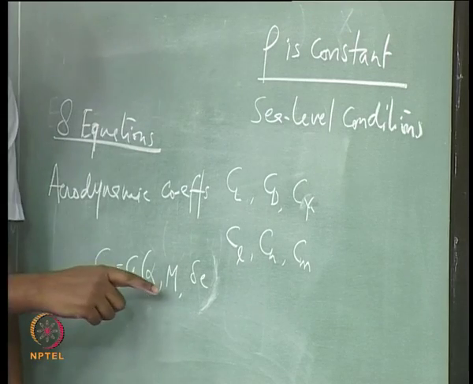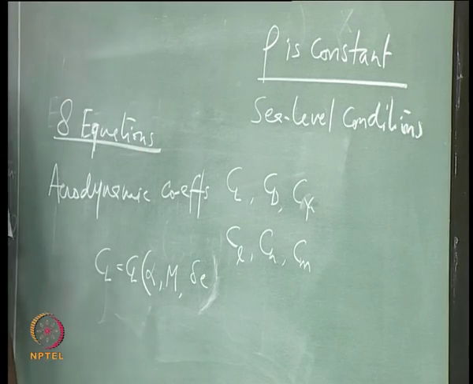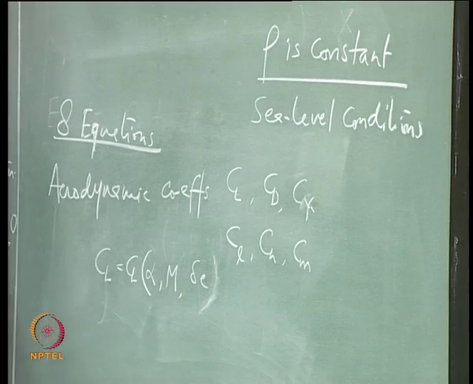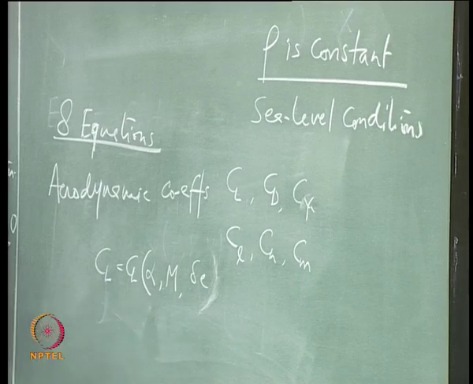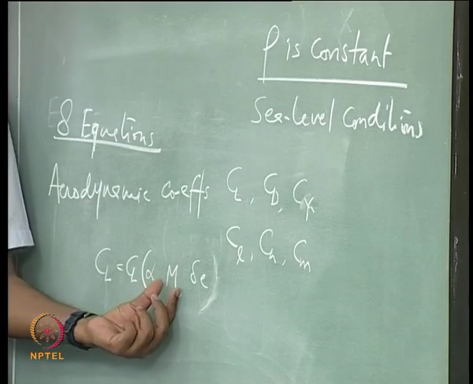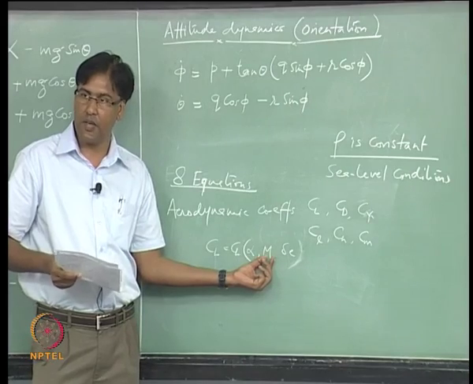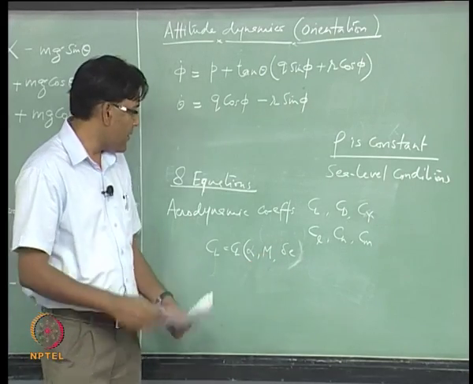Similarly, CL is also going to vary with the Mach number, and it is going to be non-linear around what region? When you are approaching the transonic speeds, or the supersonic speeds, this CL is also going to be a non-linear function of the Mach number, right.